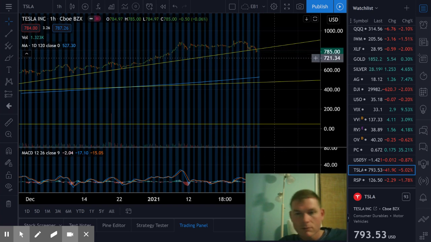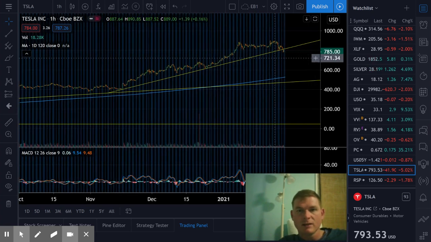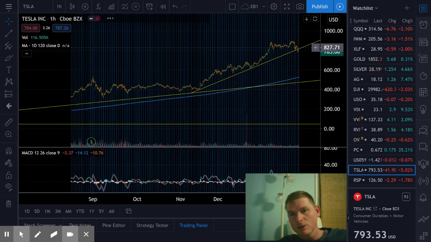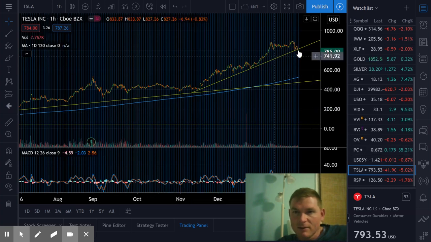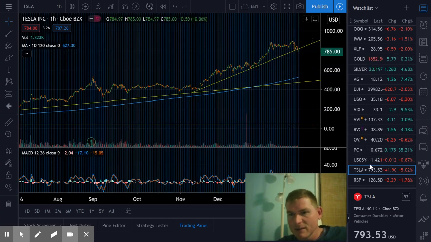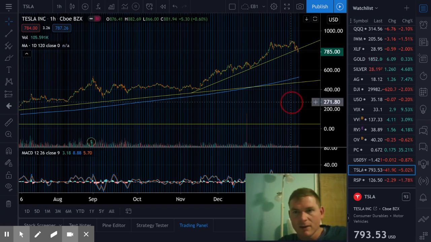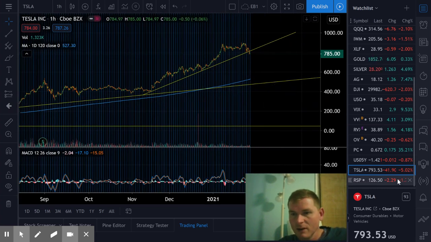So it's broken down, but it hasn't aggressively shown that it's going to rip down yet. But Tesla looks pretty scary. Coming down off of a double bubble can have some downside if it starts to sell off. It has a lot of room to fall.